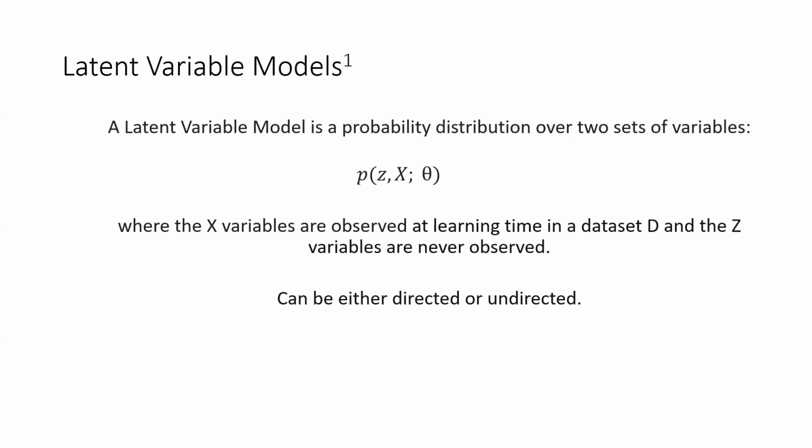I'll show an example. But because you never observe these variables, you don't know their values, so training becomes much harder. You have to find the parameters of your probability distribution without having all the training data available. Okay, and as I said, they can be either directed or undirected.